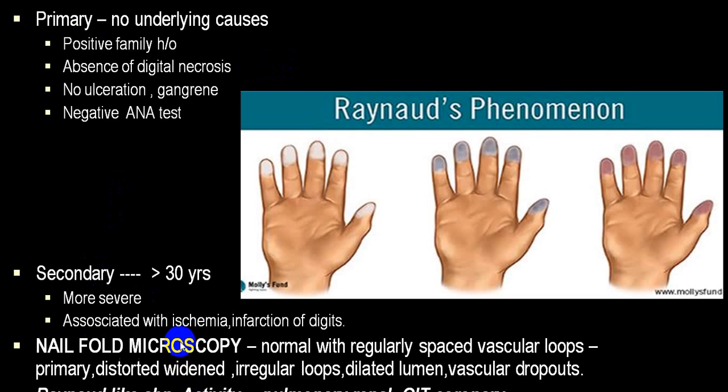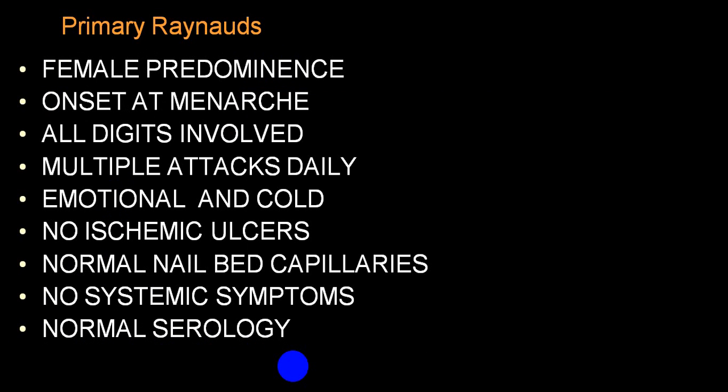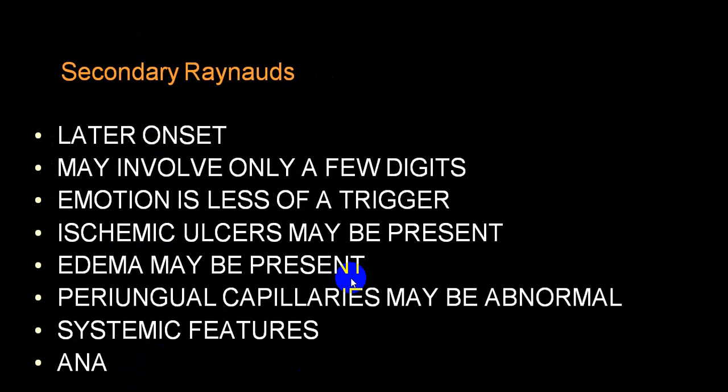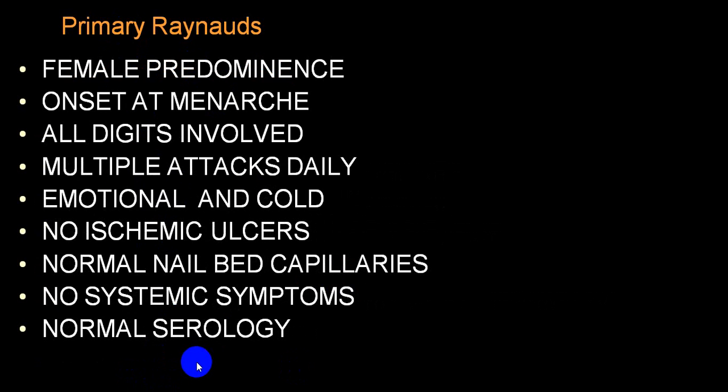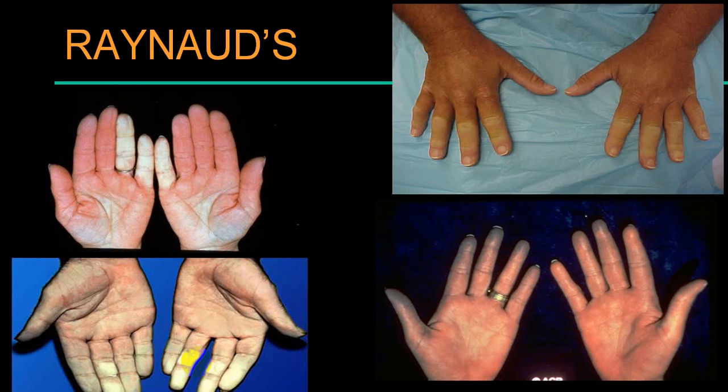On nail fold microscopy you will see capillary dilatation and dropouts in the diffuse variety, capillary dilatation only in the systemic variety or limited variety. These are all the findings you can come across in primary Raynaud's. These are in secondary Raynaud's. So go through it. We'll be discussing it in Raynaud's.